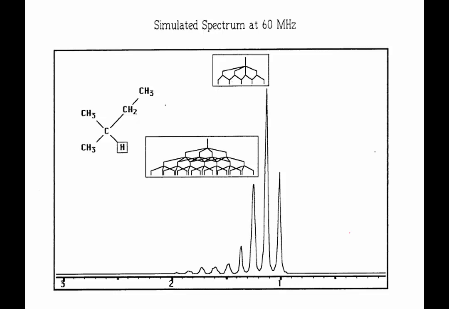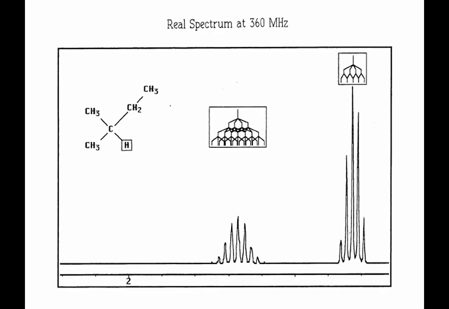And one of them would be the coupling constant, which you cannot change because it's constant. But you can change the distance between the peaks in Hertz by going to a higher magnetic field. So we jack it up to a 360 megahertz instrument, and now all of a sudden the peaks are separated, so now they become nice symmetrical patterns. So now I've increased their distance.